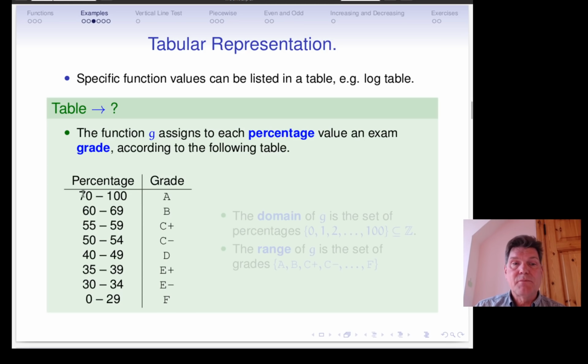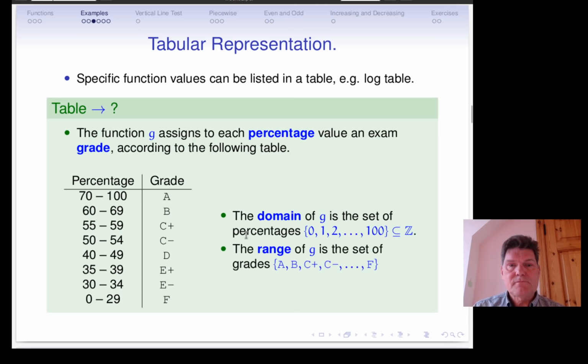Where it says that percentages between 70 and 100 give a grade A, between 60 and 69 give a grade B, and so on. The domain of this function is the set of all the possible percentages, that's integers between 0 and 100, and the range of this function is the set of possible grades, these ABCDs possibly decorated with plus or minus.